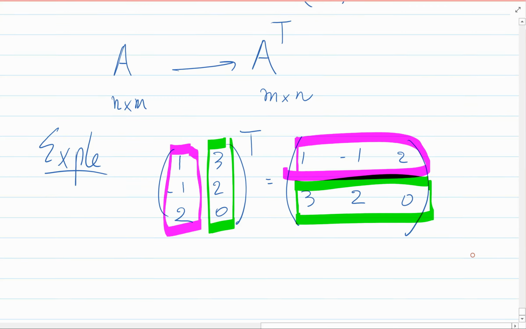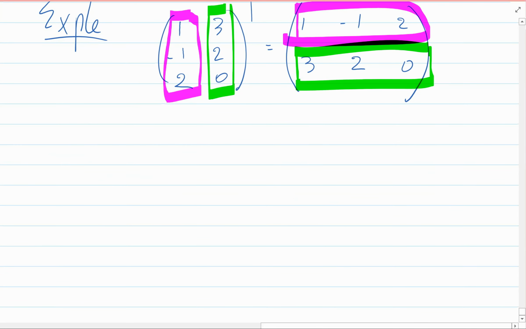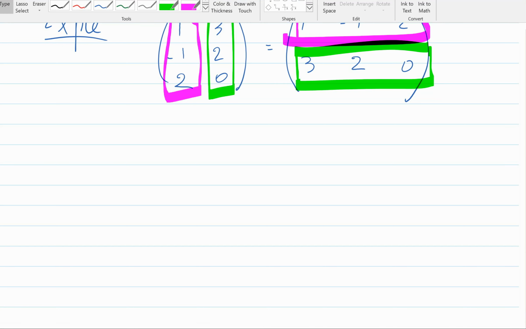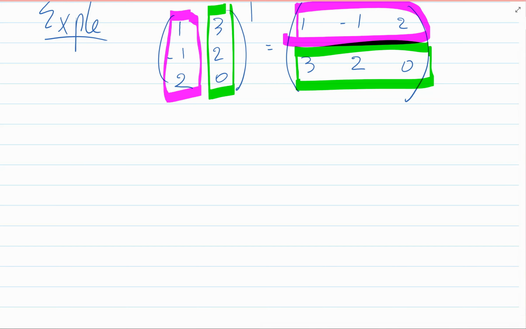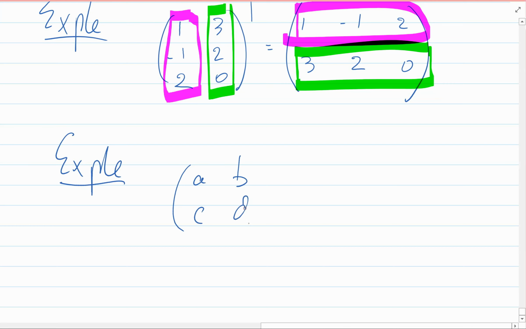In the case of a square matrix, let me give you an example. What is the transpose of A, B, C, D? The transpose has the first column, AC, becoming the row AC, and the second column, BD, becomes the row BD.